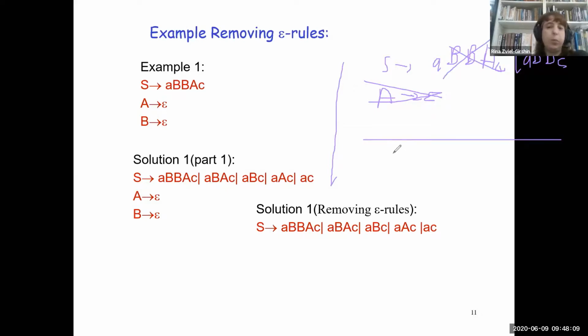The next step will be to eliminate B derives epsilon. And once again, I have additional words and then I will delete B and all the right-hand sides that have B. But actually, I will have the same result.